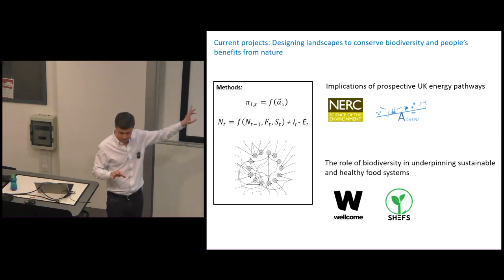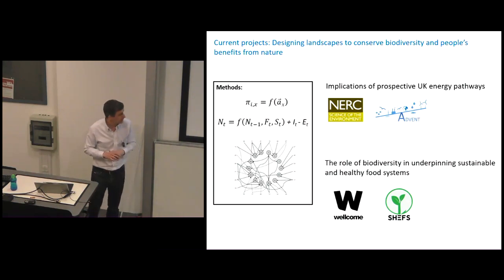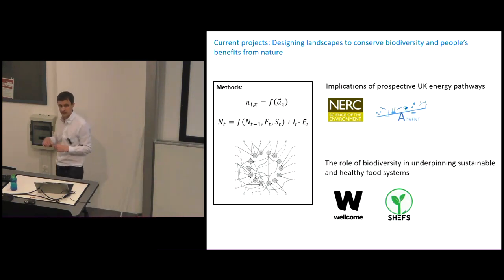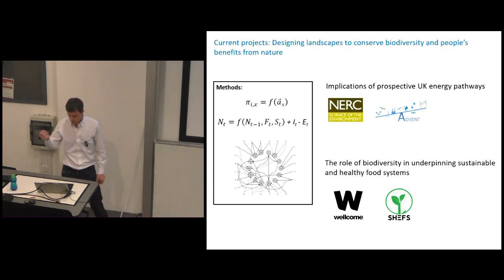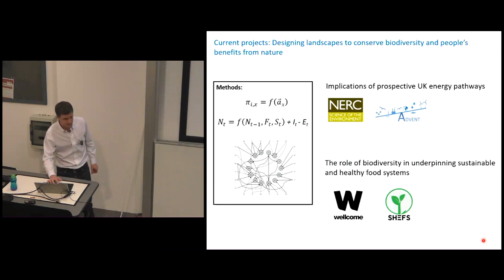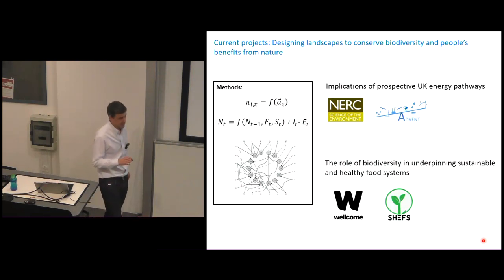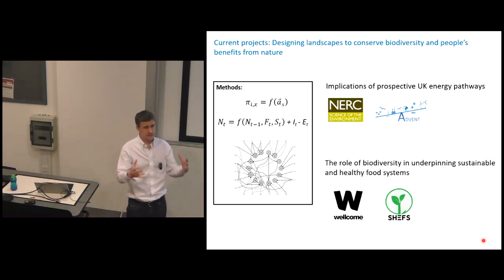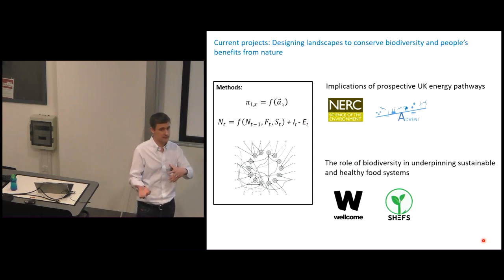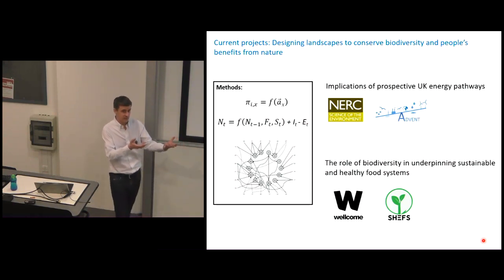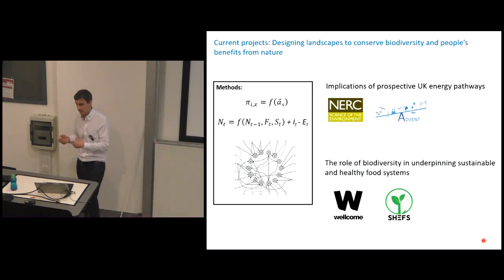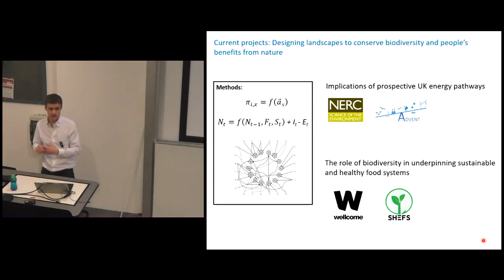So we have a NERC grant, the Advent project, which is looking at energy pathways, for example, if we need to grow more biofuels in the UK. And then the Chefs project, which is Wellcome Trust funded, which is looking at how we can develop landscapes that both support biodiversity, but also support the kind of agricultural systems that can provide sustainable and healthy food for society.